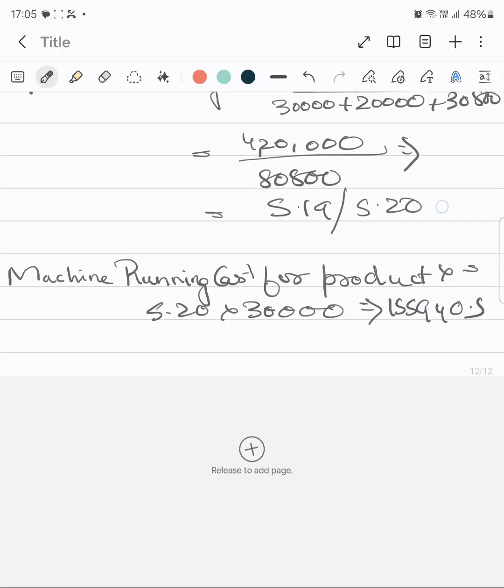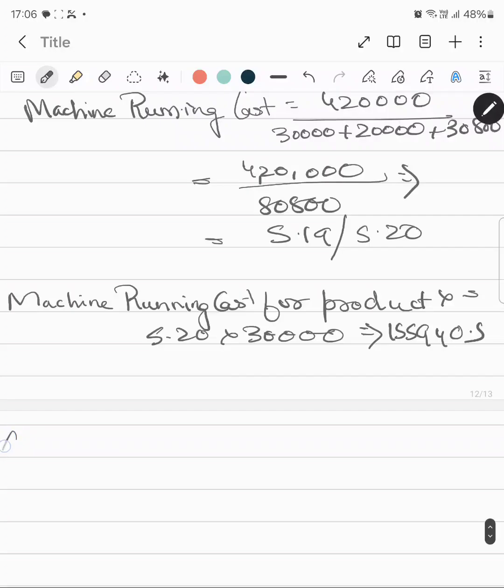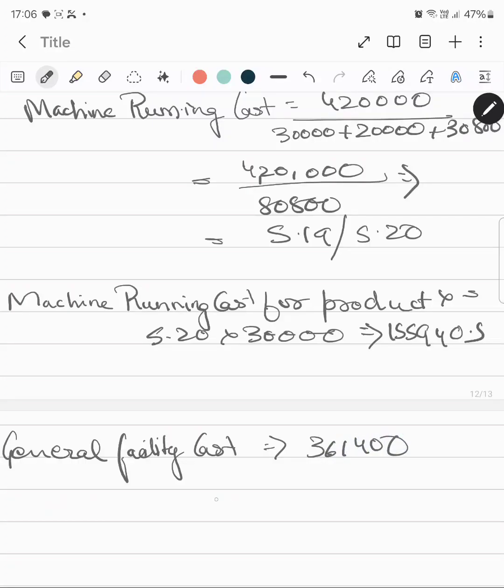And the general facility cost can also be calculated on the basis of this only. The general facility cost is how much? 3,61,400.